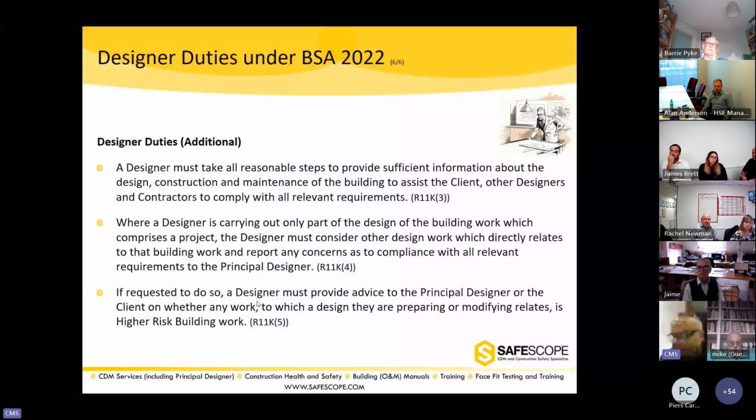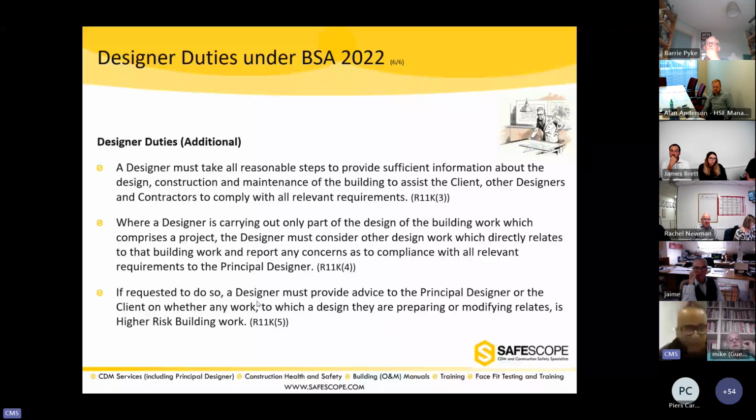Where a designer is carrying out only part of the design work of the building which comprises the project, the designer must consider the other design work which directly relates to the building work, so the design of other designers, and now I guess a very difficult part, and report any concerns as to the compliance with all relevant requirements.